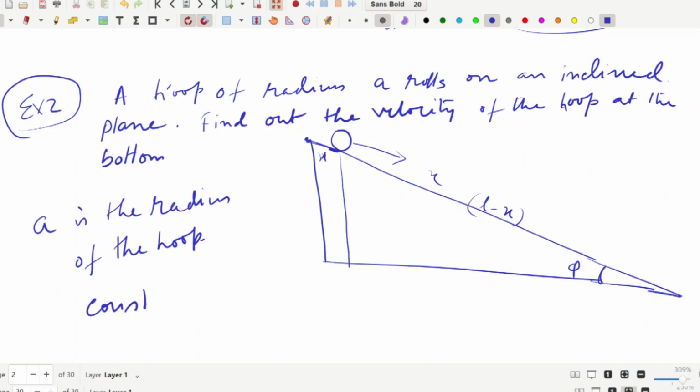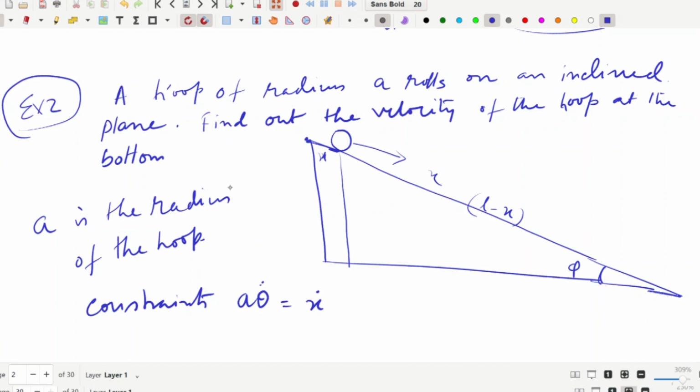So, this constraint will be a θ̇ = ẋ. The rate of rotation, the angular velocity θ̇, will be related to ẋ, the velocity along the inclined surface, by this constraint of rolling without slipping.